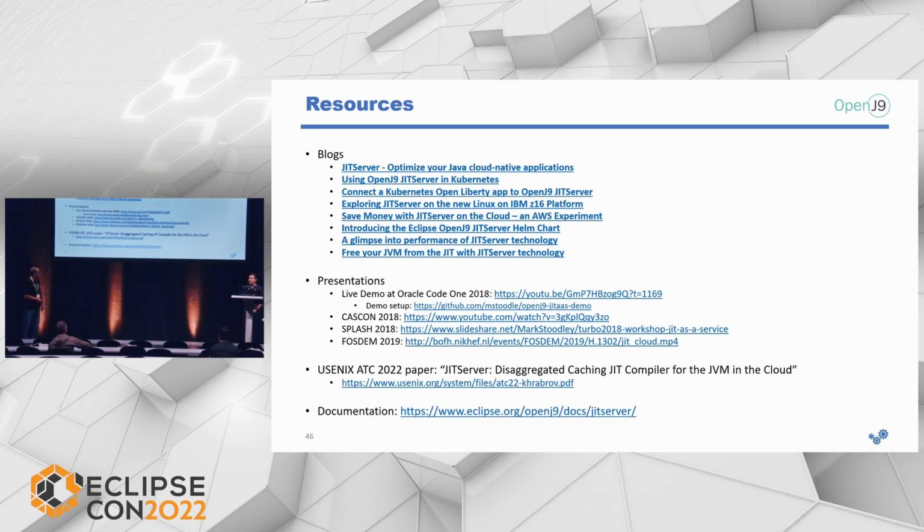And the answer is no, because the server needs to know many pieces of information about the classes, profiling information, and so on. So typically, or on average, we see about 50 messages being exchanged per compilation. Of course, if you use the JITServer AOT cache, it's just one round trip because you just take the method from the cache.